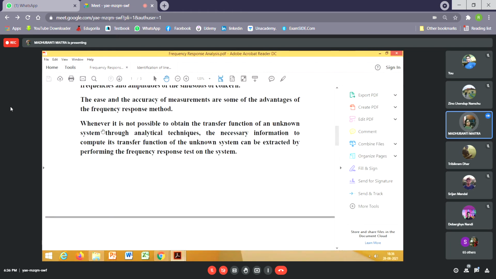Whenever it's not possible to obtain the transfer function of an unknown system through analytical techniques, the transfer function of the unknown system can be extracted by performing a frequency response test on the system.